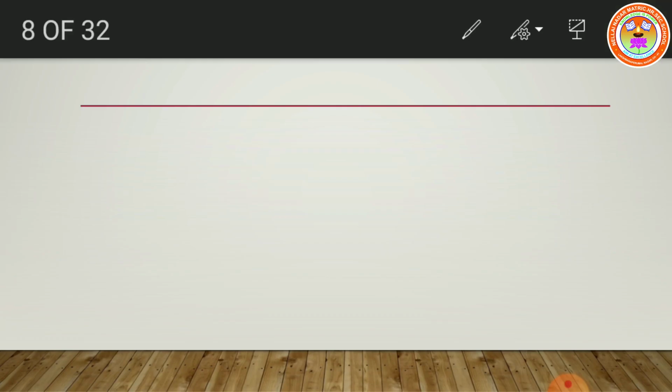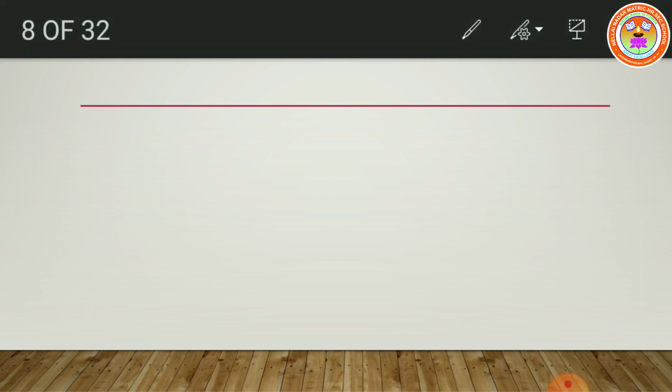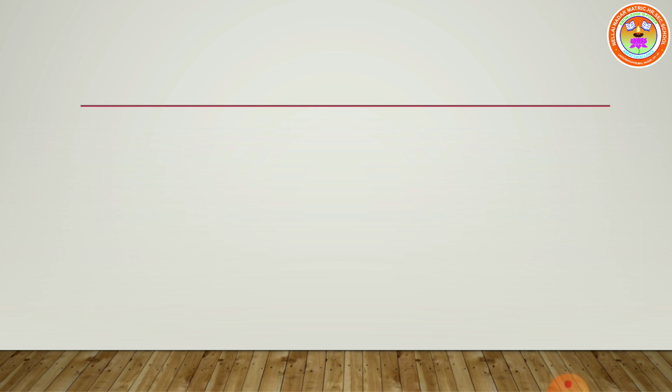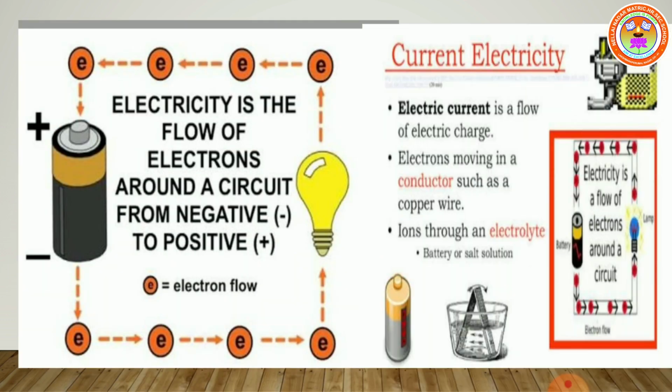We use this energy in our life for various needs: electric bulbs, fans, electric iron box, washing machine, and refrigerators are some of the appliances which work with the help of electricity.